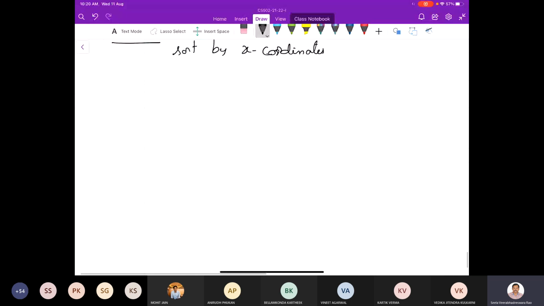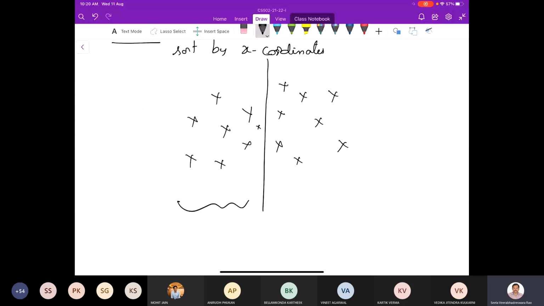See, for example, let's take these points like this. Suppose you divide them into 2 halves. They are sorted by the x coordinate, that means left to right order. So this is the left half of the points, and this is the right half of the points.